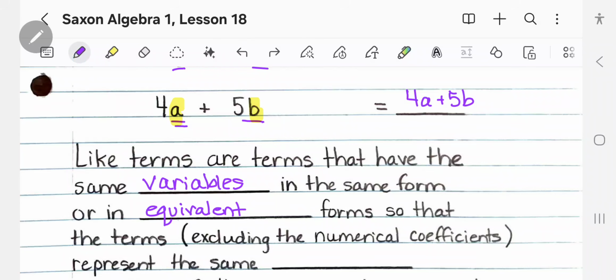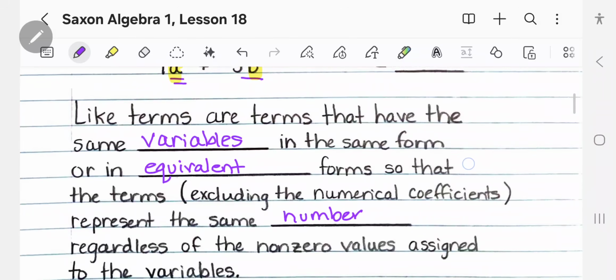Okay? So let's read it again. Like terms are terms that have the same variables in the same form or in equivalent forms, so that the terms, excluding the numerical coefficients, represent the same number or numeral, regardless of the non-zero values assigned to the variables.